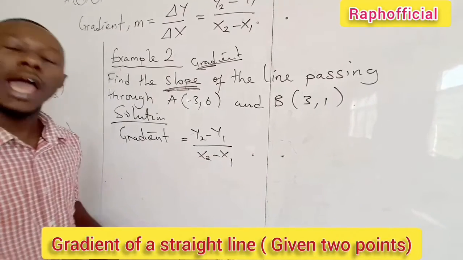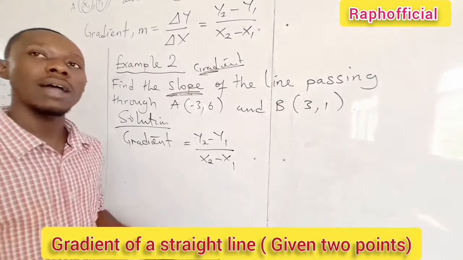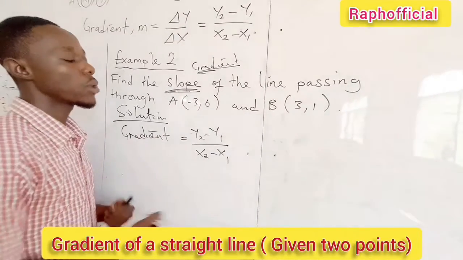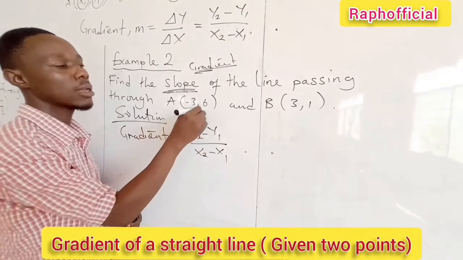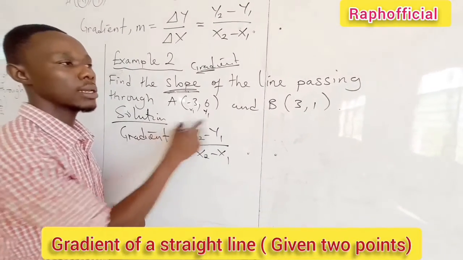So you have to find your x and your y. So we can say this one should be our x1 and this one should be our y1.